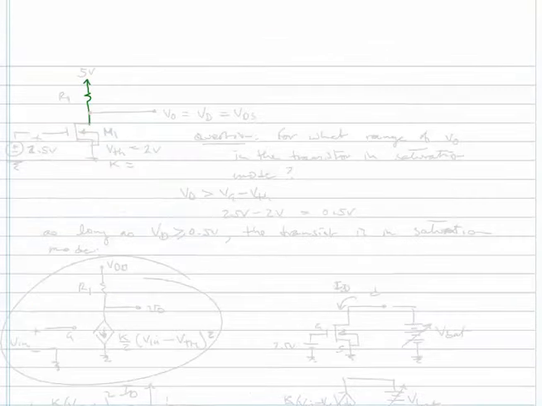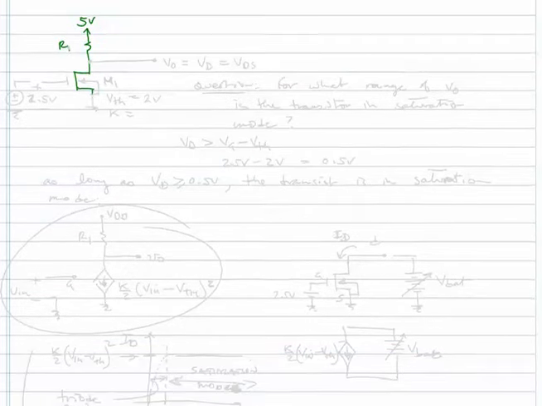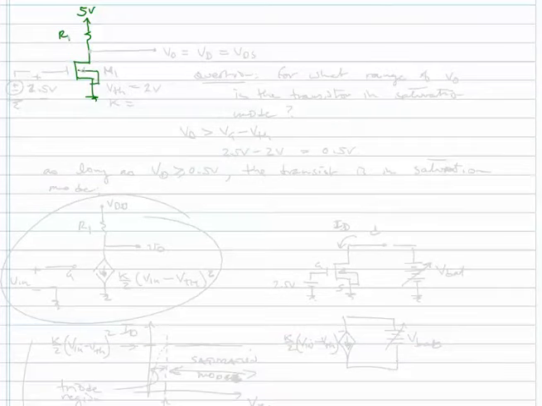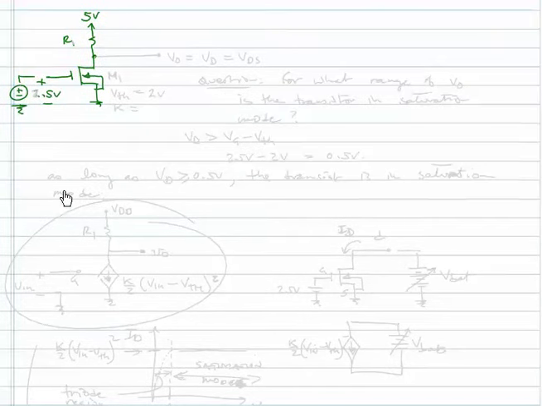Okay, so let's look at an example here. Let's suppose we have our 5-volt source. We have R1, and here we have our MOSFET. And let's say that the gate to source voltage is set to 2.5 volts. And suppose this transistor we'll call M1.